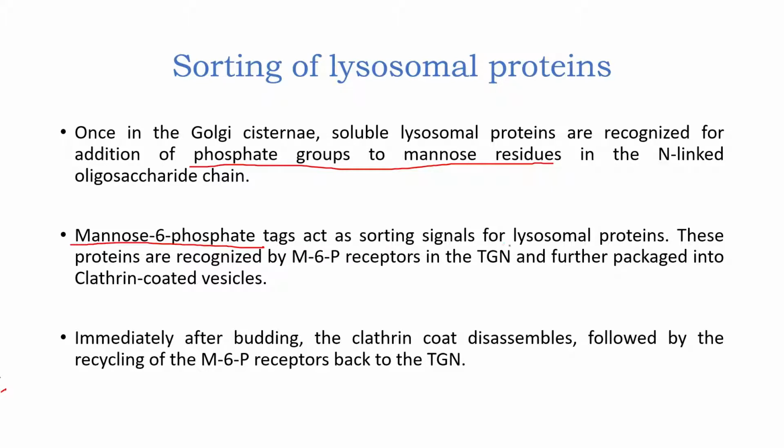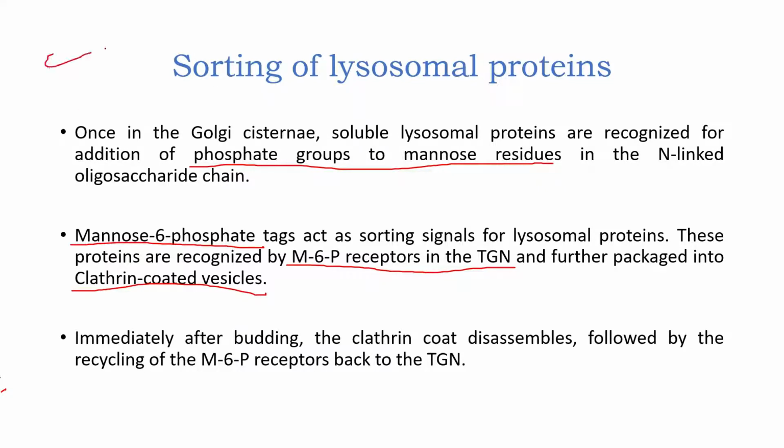This tag is recognized by mannose 6-phosphate receptors in the trans-Golgi network. And once these receptors recognize the tag, the entire protein is packaged into clathrin coated vesicles.